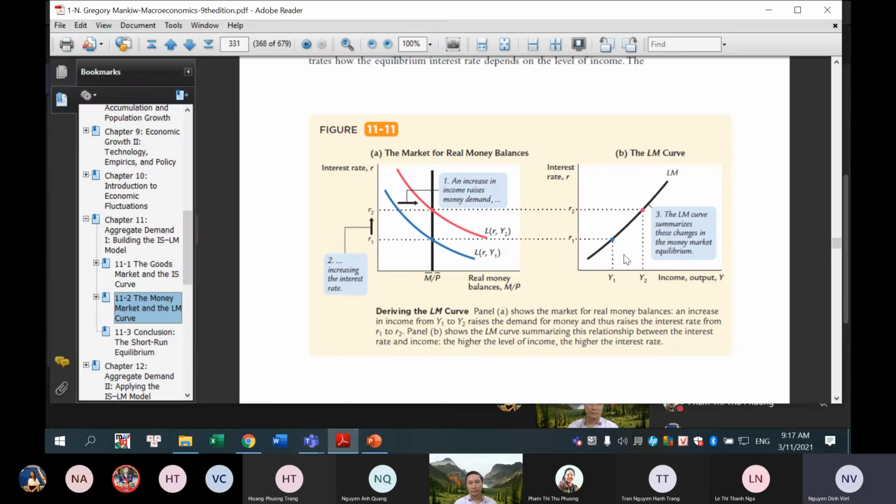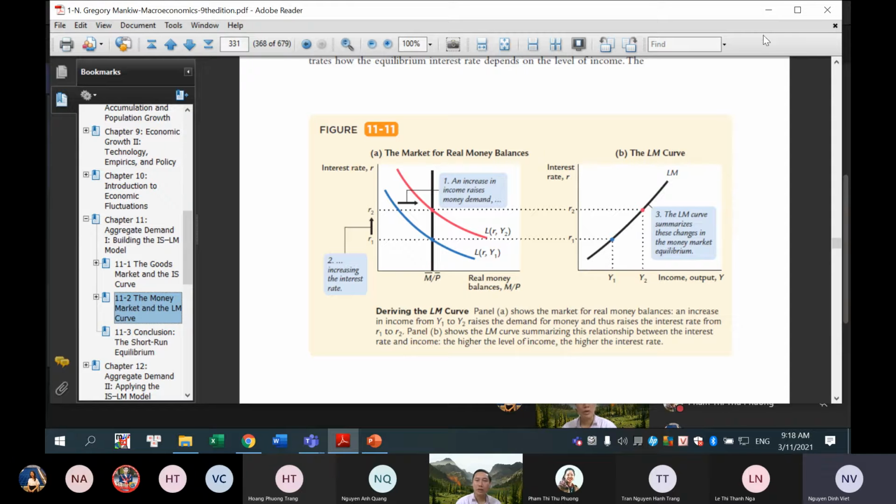I think credit for that will make people make fewer transactions, and therefore it shifts the curve to the left. It increases the demand for the money.